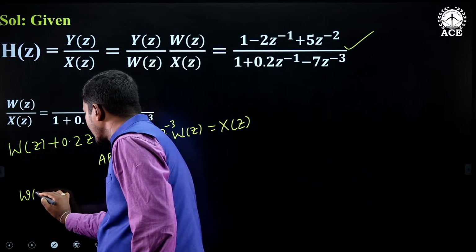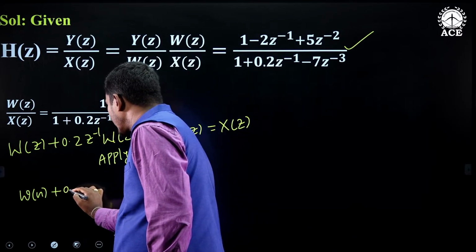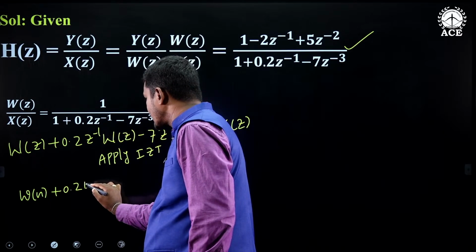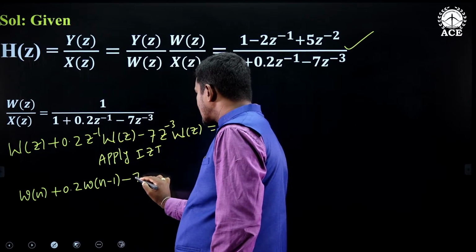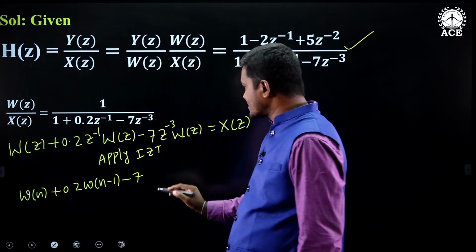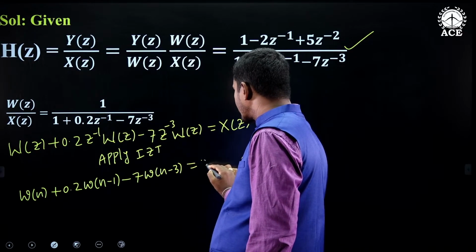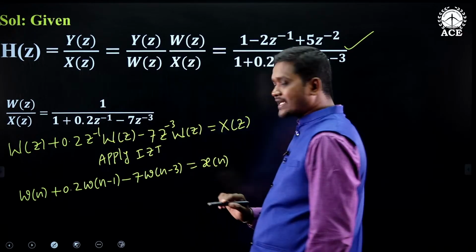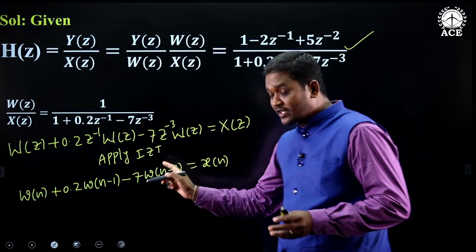W of z inverse is W of n, plus 0.2. What is the inverse of z inverse into W of z? W of n minus 1, minus 7. What is the inverse of z power minus 3 into W of z? W of n minus 3, equals X of z inverse, which is X of n. What is the correct form?